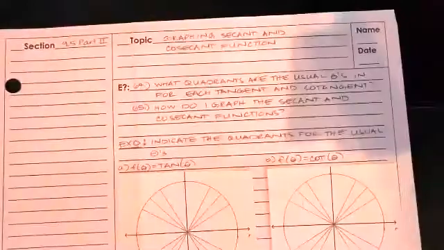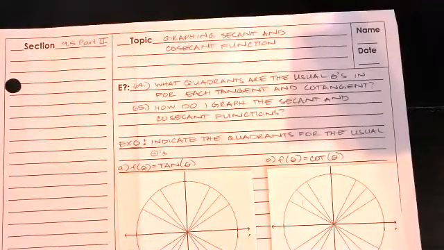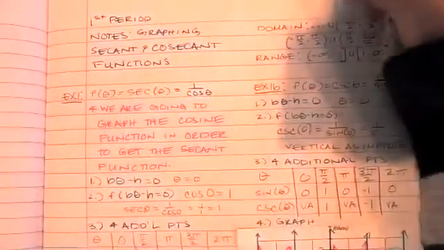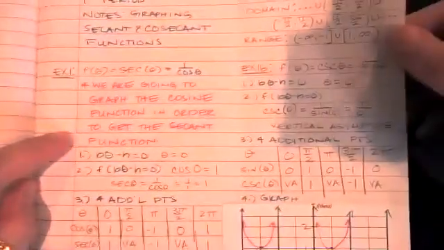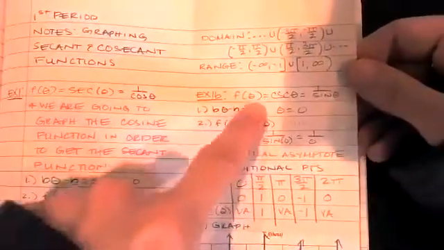All right, so these are the notes that we are talking about, and this is the work that we did last class, where we graphed the secant parent function, and then we graphed the cosecant parent function.